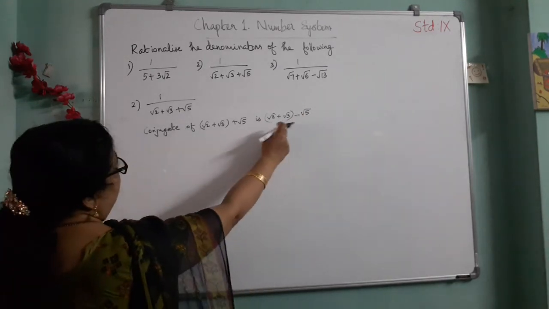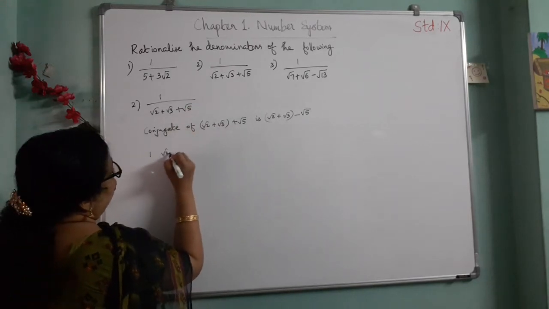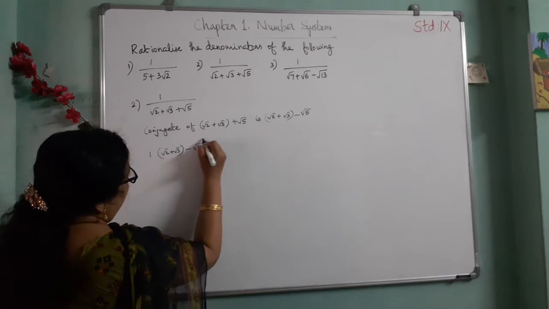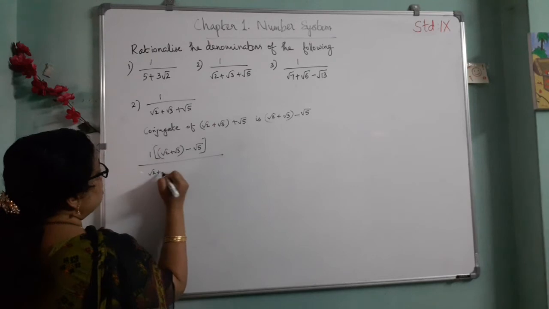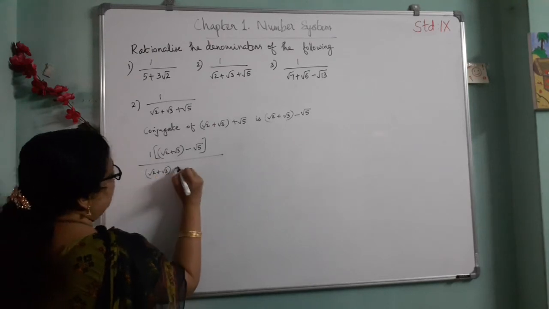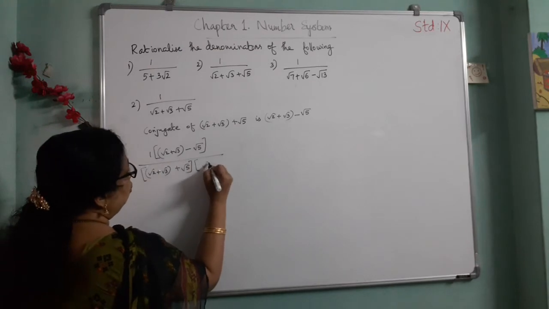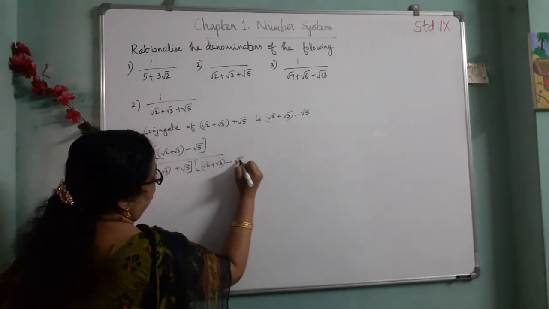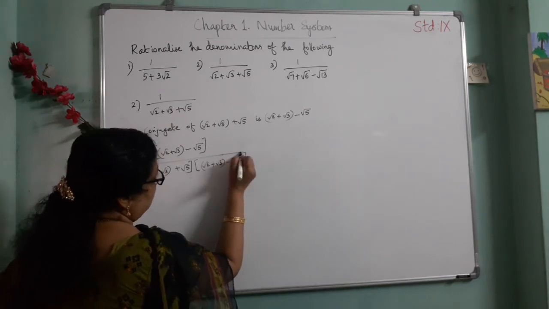Then multiplying both numerator and denominator by this, 1 into root 2 plus root 3 minus root 5 in one bracket divided by root 2 plus root 3 plus root 5 in one bracket, then root 2 plus root 3 minus root 5 in another bracket.